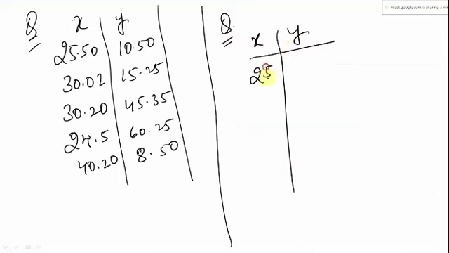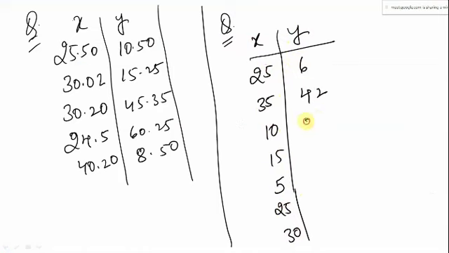X: 25, 35, 10, 15, 5, 25, 30. And Y: 6, 42, 30, 12, 6, 18, 20.